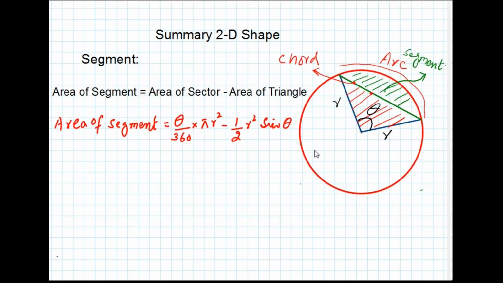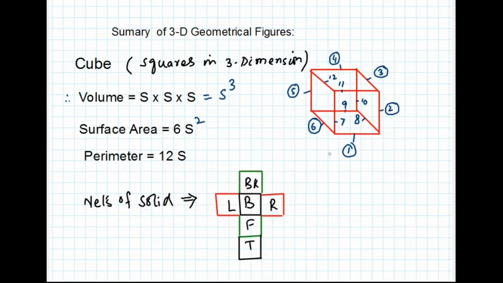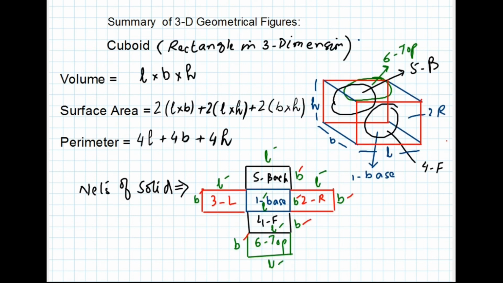Next slide is about segment, the area of segment, and then the next slide is about cube, its formula of volume, surface area, perimeter and nets of solid. Then there is a slide containing cuboid, its formula of volume, surface area, perimeter and nets of solid.